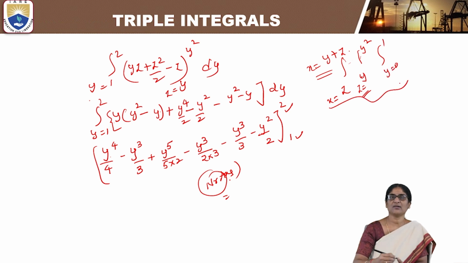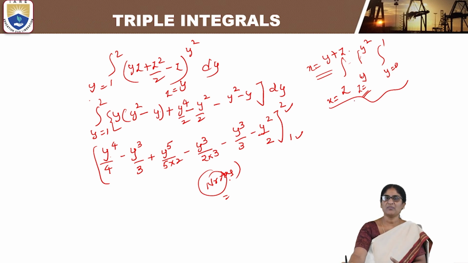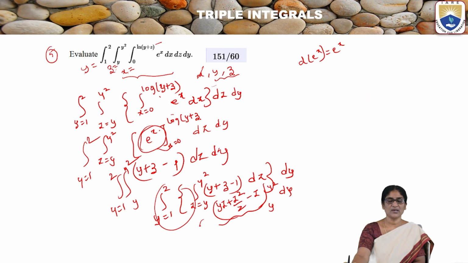So like that, if the limits are given in terms of variables, then we should not follow the order. We should follow the variable limits, in terms of which variable they have been given, that we need to catch hold of, and slowly we can do the integrals.